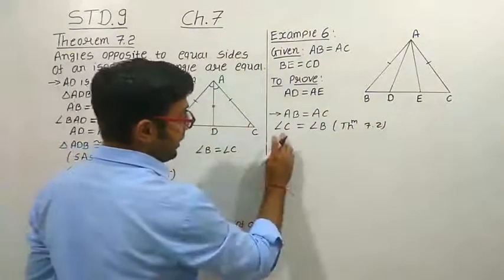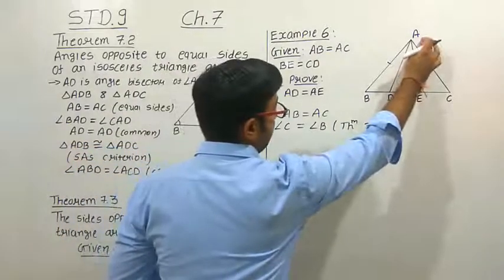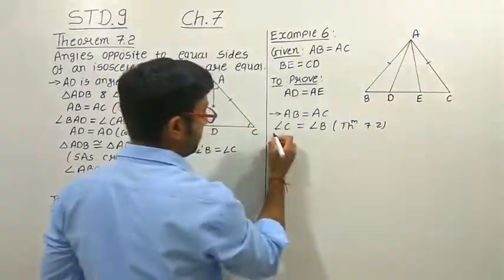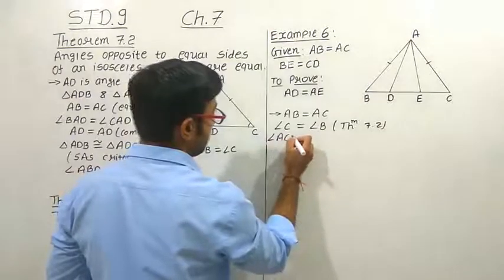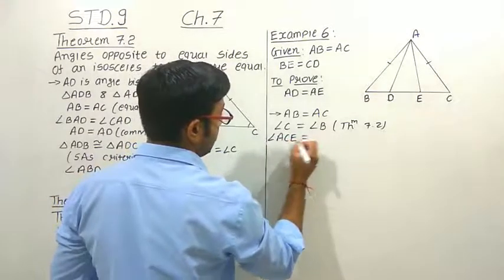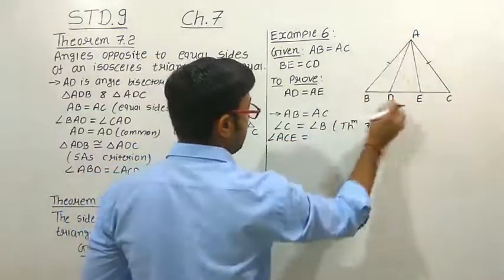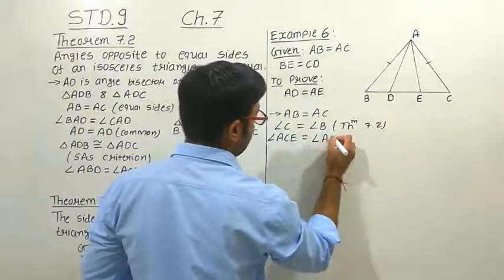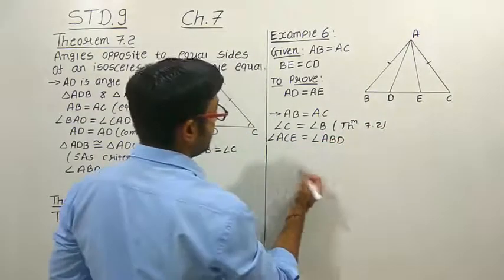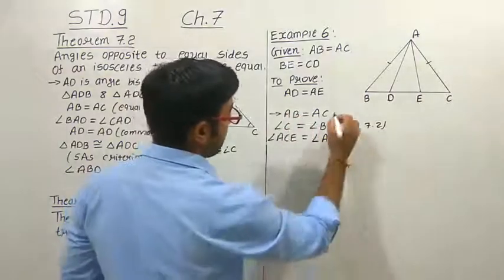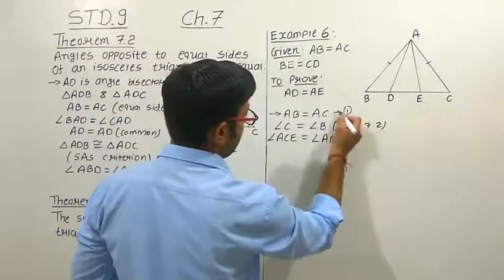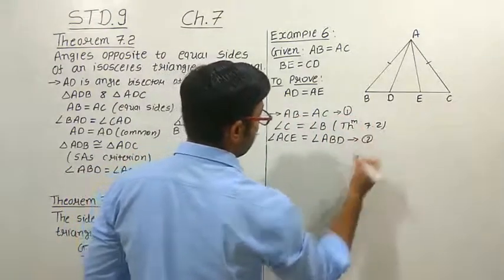Now see, we can take this angle C as angle ACE, and we can take this angle B as angle ABD. Right? Okay, now call it equation number 1, and this is equation number 2.